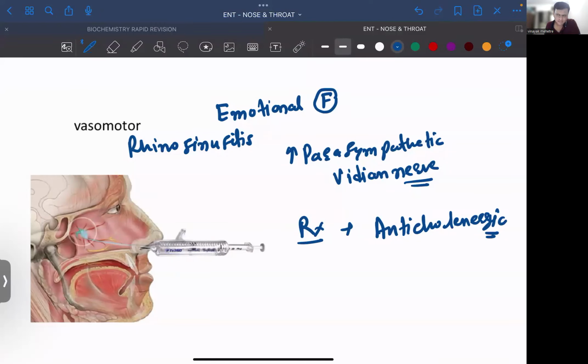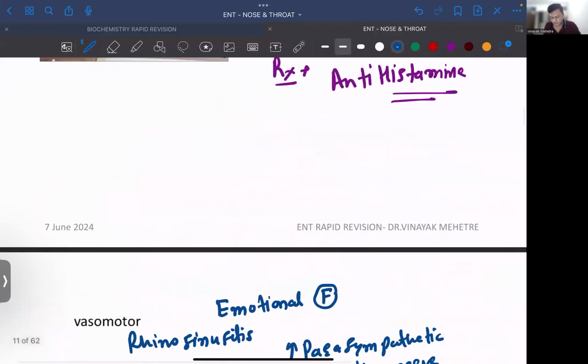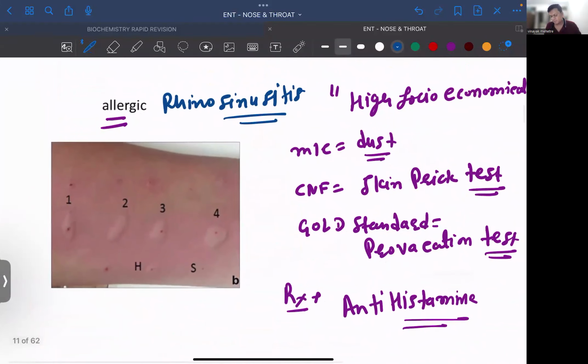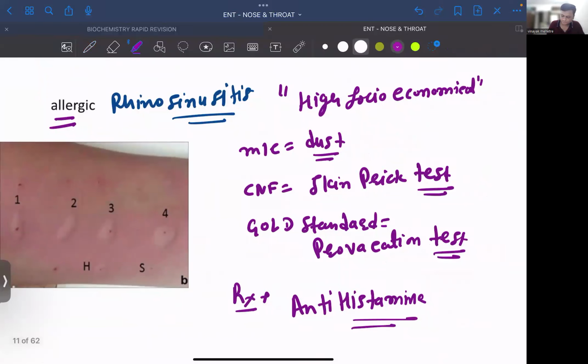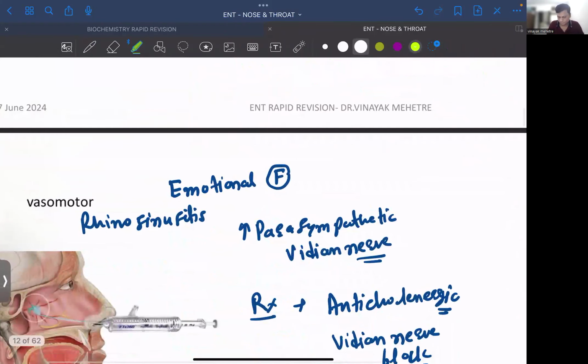We have to cut the median nerve. So this patient will not have continuous nasal discharge. Right? Two questions. History can start similarly, but you need to remember this. And this.